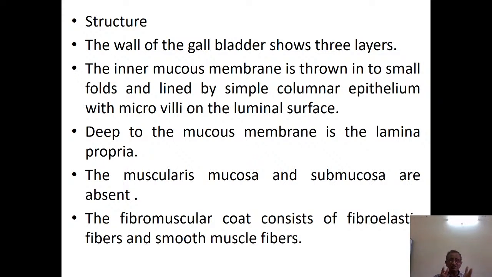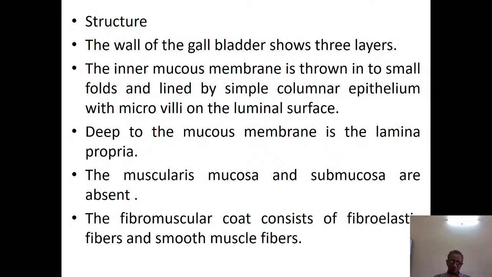So it has the same layers as other parts of the GIT, that is the mucosa, submucosa, muscularis proper and serosa. Whereas in the other parts of the intestine, we have an epithelium, then lamina propria and muscularis mucosa. In the gallbladder, as there is no function for folding, the muscularis mucosa is gone.